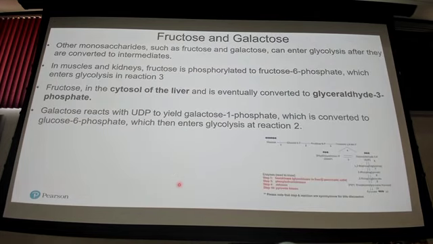In muscle cells and in the kidneys, fructose is phosphorylated to fructose 6-phosphate, and that will enter glycolysis in the 3rd step, as shown here. And galactose will interact with UDP to yield galactose 1-phosphate, then that will be converted to glucose 6-phosphate, and that will enter glycolysis in the 2nd step. Does that make sense?